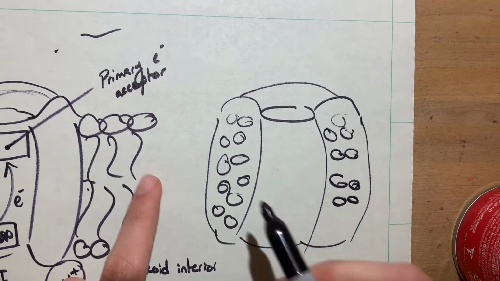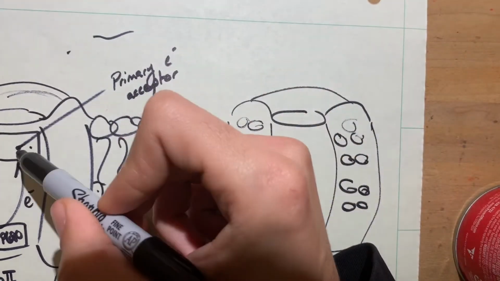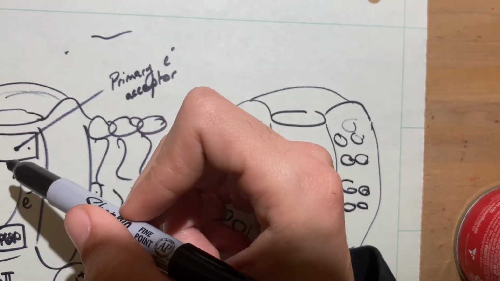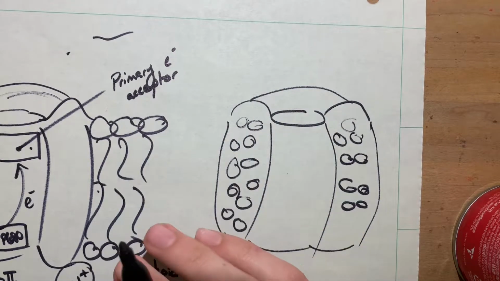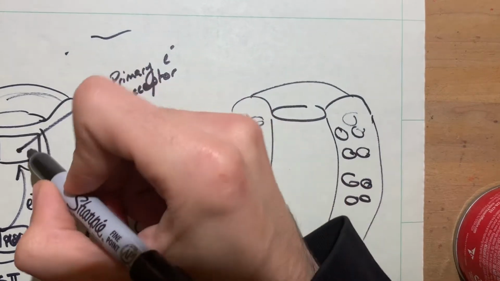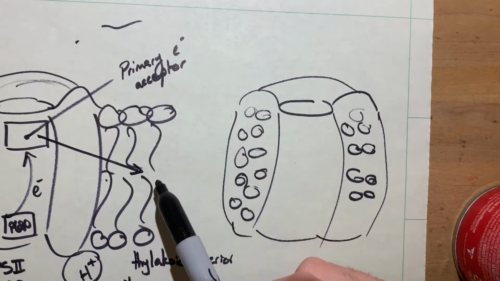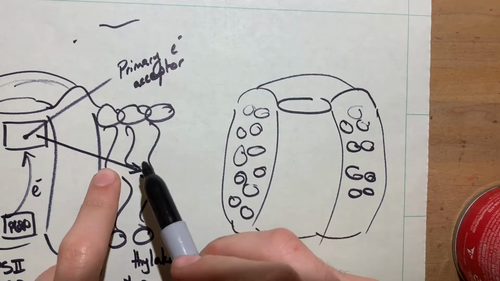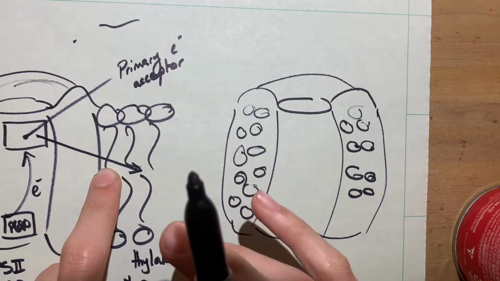So now what's happening is this excited electron still wants to go back to ground state, right? It wants to be on the first floor. So this is our initiation of the electron transport chain. And what ends up happening is the electron is going to go down the chain.